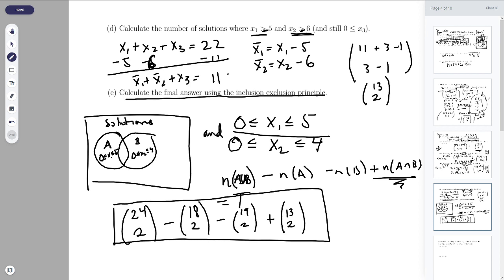All right. So part D is the double intersection, the thing that we're going to add on in the end. So you notice that this part here went in here.